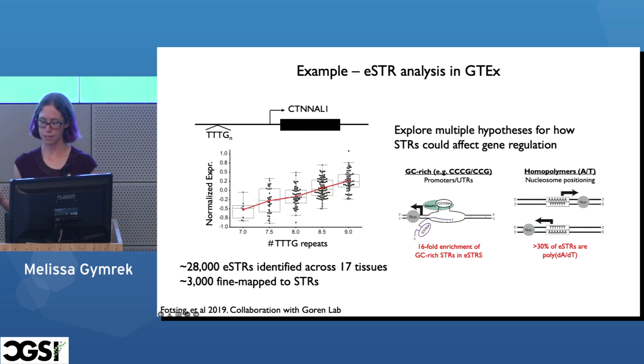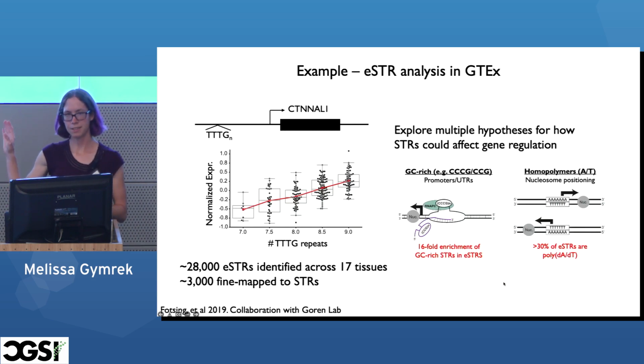Once we have all these associations, we can go and find interesting properties about them. For example, in the GTEx data, we found that the majority of our highest confidence hits, what we call eSTRs, were these GC-rich STRs falling within the promoter regions of genes. That was our strongest signal from this eSTR analysis. We also found evidence that a lot of these homopolymer repeats might be acting by affecting nucleosome positioning.